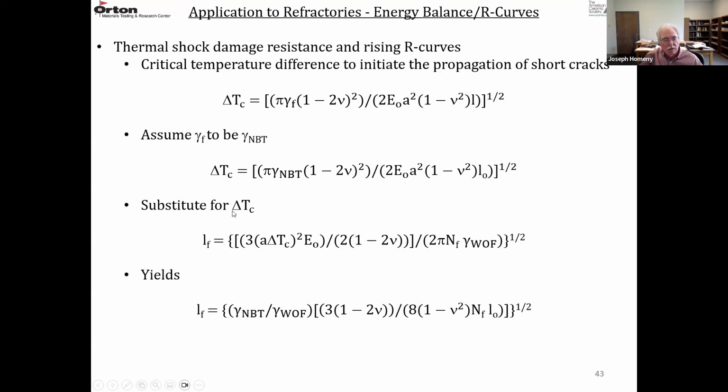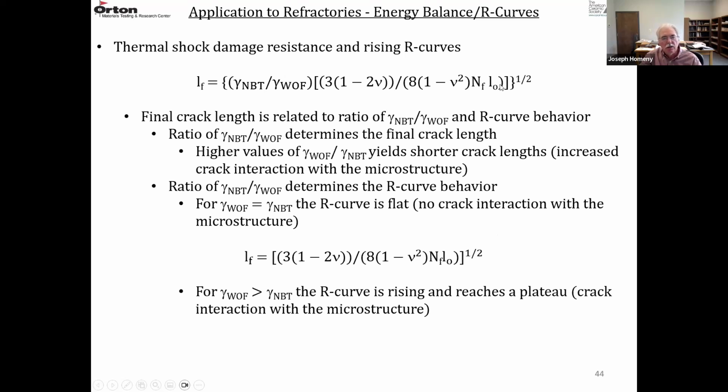Substituting for TC, the delta T critical, we can put that into this equation, and we end up with an equation that has the final crack length in terms of the ratio of these two fracture surface energies. So this is what we were trying to do, incorporate the measured fracture surface energies into that energy balance approach.